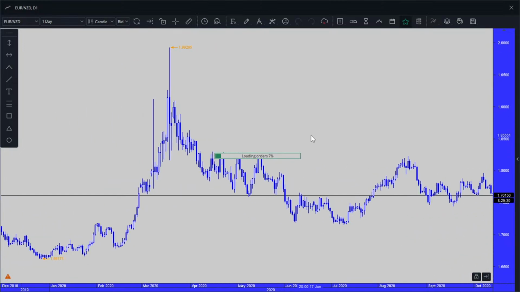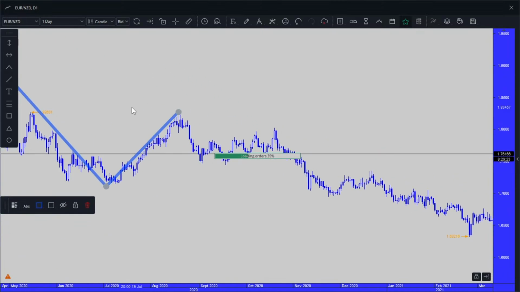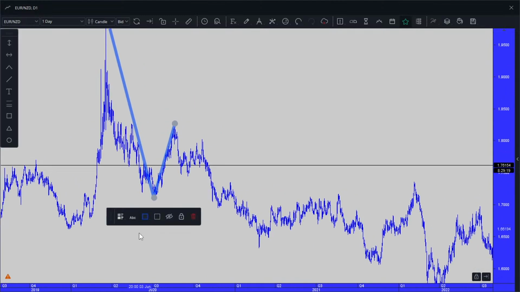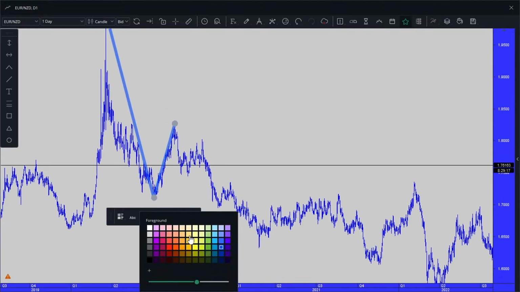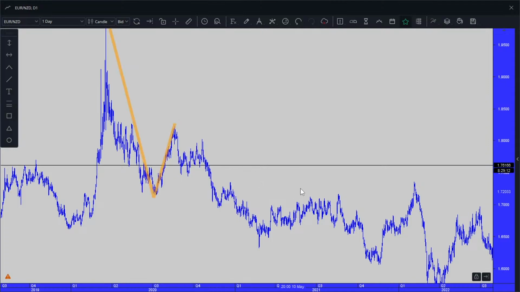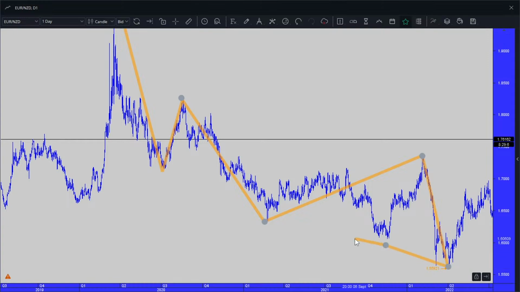All right, on the daily, the market wave, the market structure trends, extension, retracement. Let's color this in orange. Extension, retracement, extension, retracement, extension.